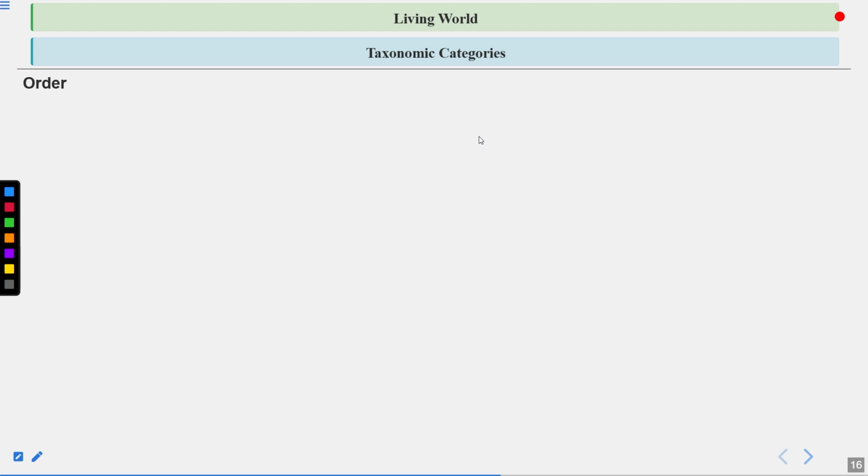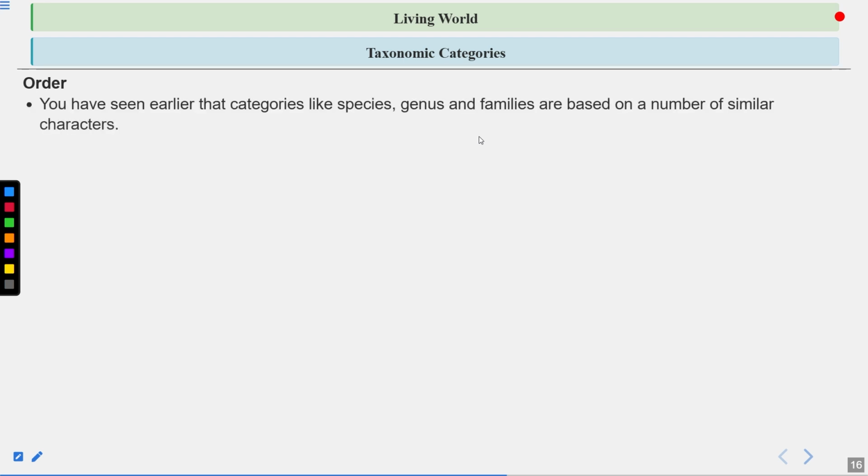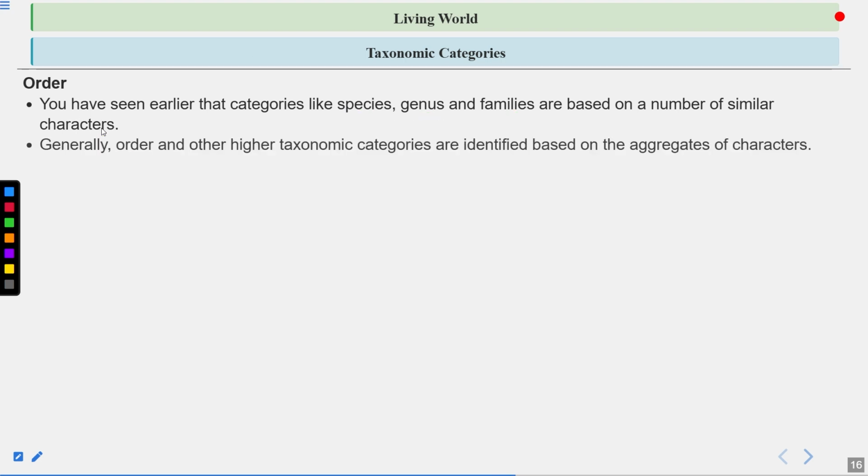Now let's talk about the order, which is again a higher taxon as compared to the family. You have seen earlier that categories like species, genus, and family are based on a number of similar characteristics.